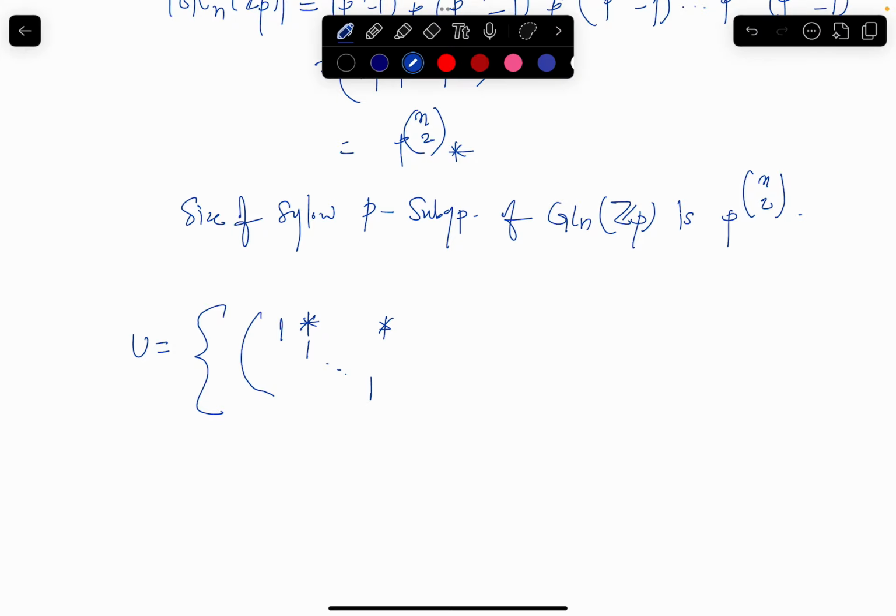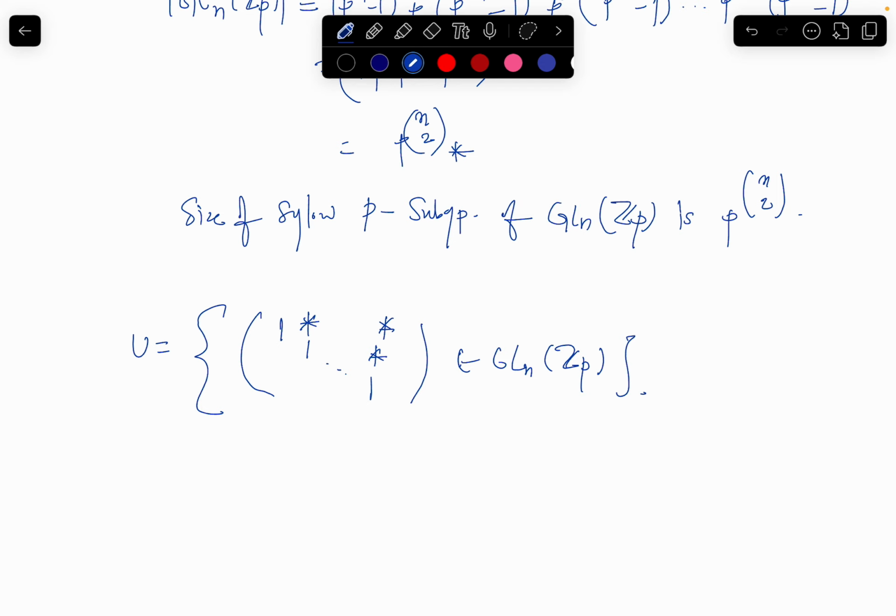Unitary upper triangular matrices, right? So this is in GL_n(Z_p). That's easy to check because the determinant is 1. So the question is, what is the size of this? First there are p choices, then there are p squared choices, the last one is p^(n-1) choices.